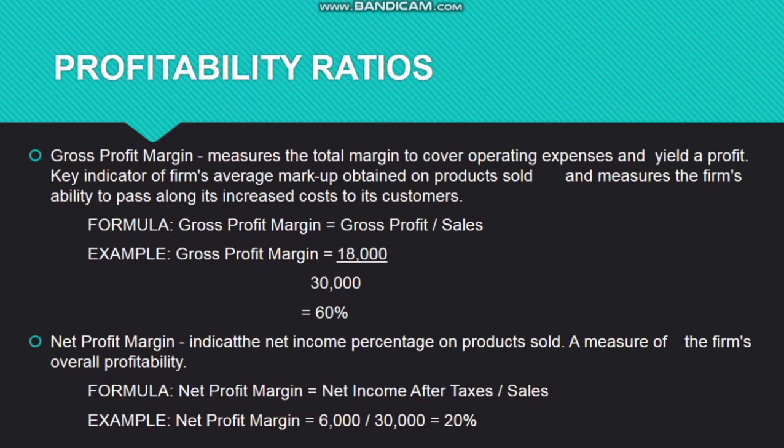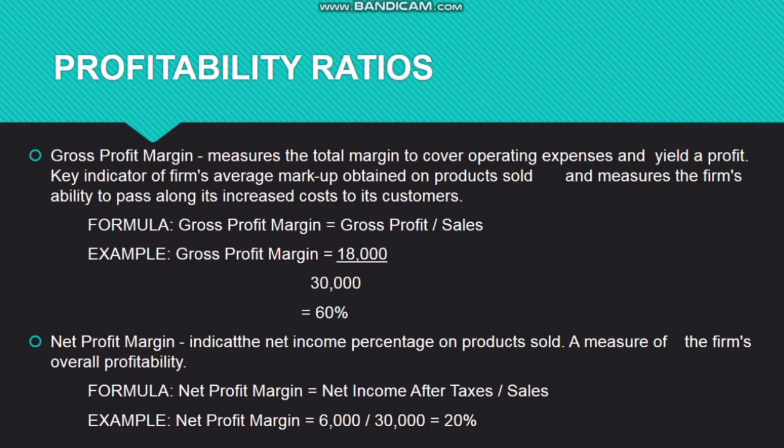So profitability ratios are the metrics that assess a company's ability to generate income relative to its revenue, operating cost, balance sheet assets, or shareholders' equity. Profitability ratios show how efficiently a company generates profit and value for shareholders.